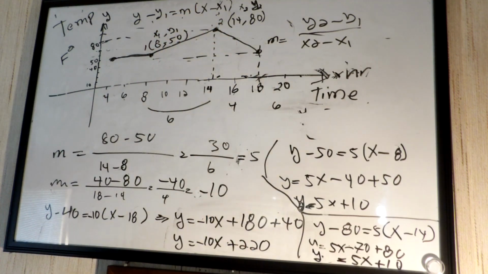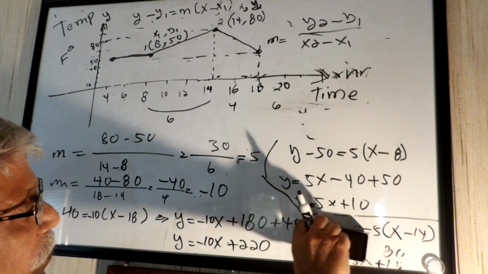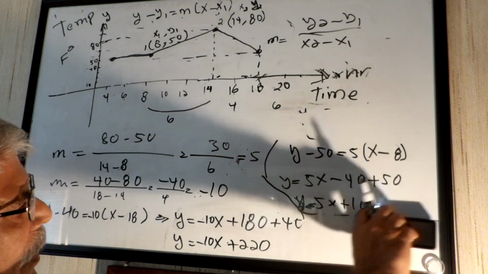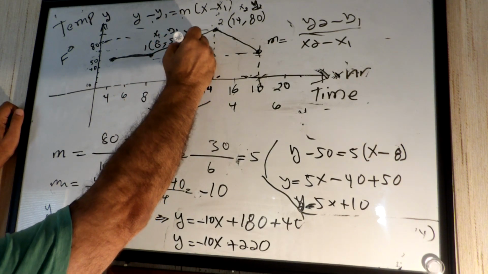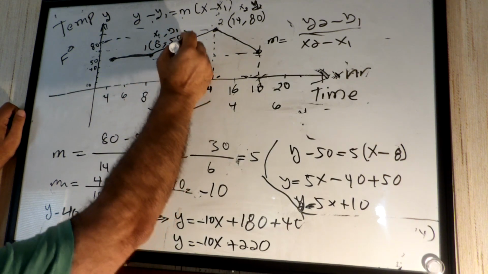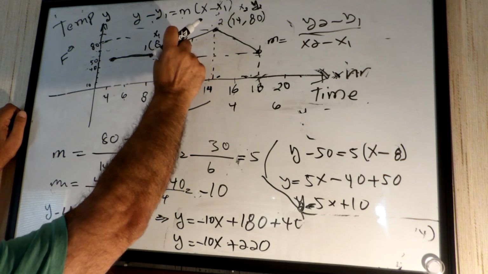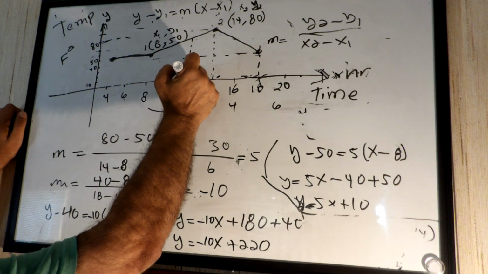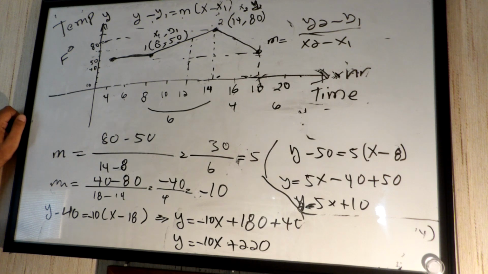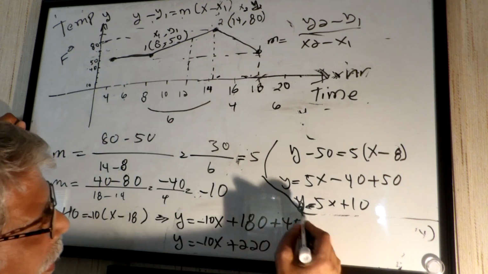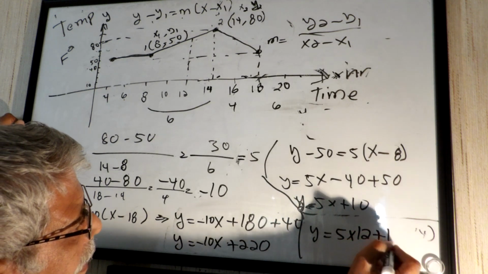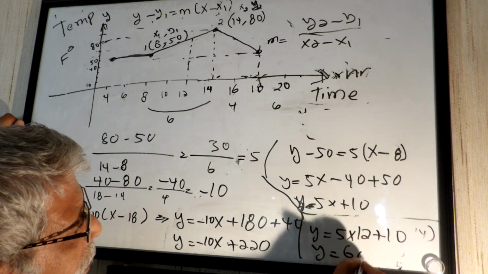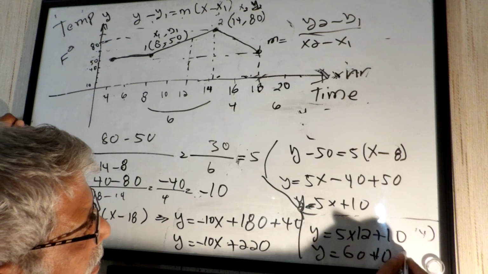Now, for example, if you want somewhere in the middle, say we have 12, if you have the equation of the line, you can find it. If the hour is 12, x is 12, y is going to be 5 times 12 plus 10, then it's going to be 60 plus 10, it's going to be 70.